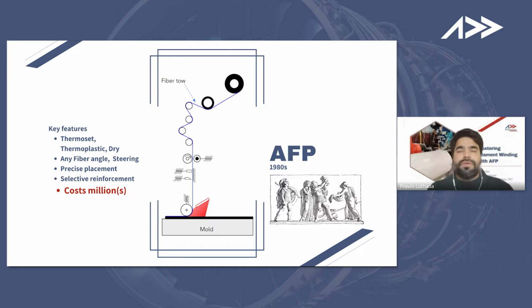Thus, the concept of automated fiber placement came into place, where they started to slit this wide unidirectional prepreg sheet into narrow tapes and put them down in, let's say, quarter inch or half inch widths, and multiple of those tapes could be laid down at the same time.